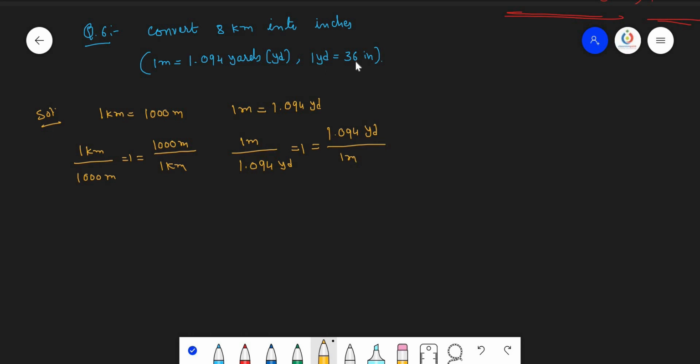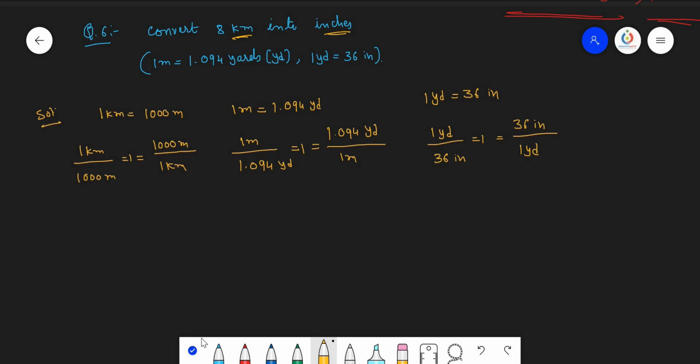And later yards are to be converted to inches. So 1 yard equals 36 inches. Now for this the factor is 1 yard divided by 36 inches equals 1, which equals 36 inches divided by 1 yard. So the given one is in kilometers and the final answer must be in inches.